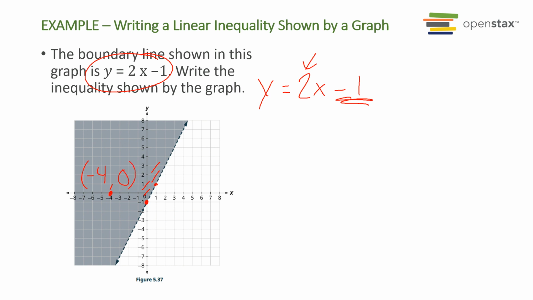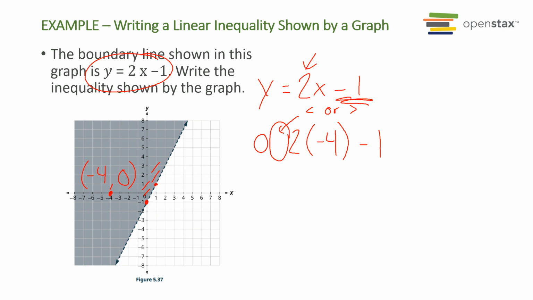So that point is (-4, 0). We see that it is in the solution set. So we plug in: 0 equals 2 times -4 minus 1. I'm going to take out that equals, because what we're trying to do is figure out the relationship between these two. This is a space that's going to be filled in with a less than or a greater than.